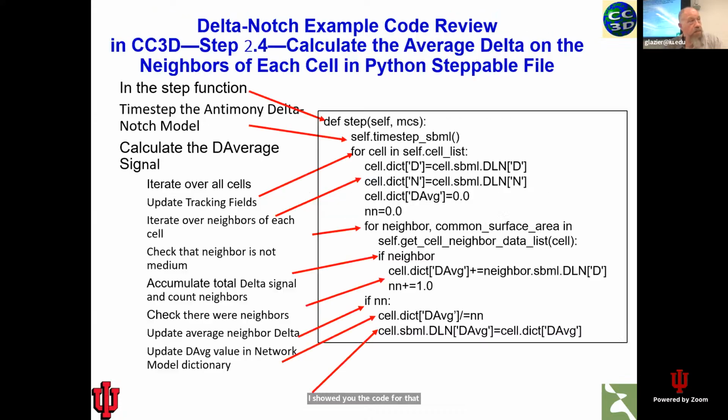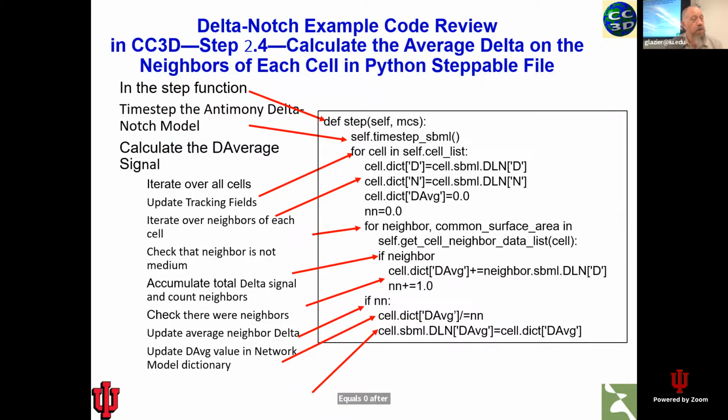For that, I'm going to step back. If you look at the code that you have here, what do you have to do? In the middle line, for neighbor, common surface area, that's returning the common surface area. So you'd have to have a common surface area average equals 0 after nn equals 0.